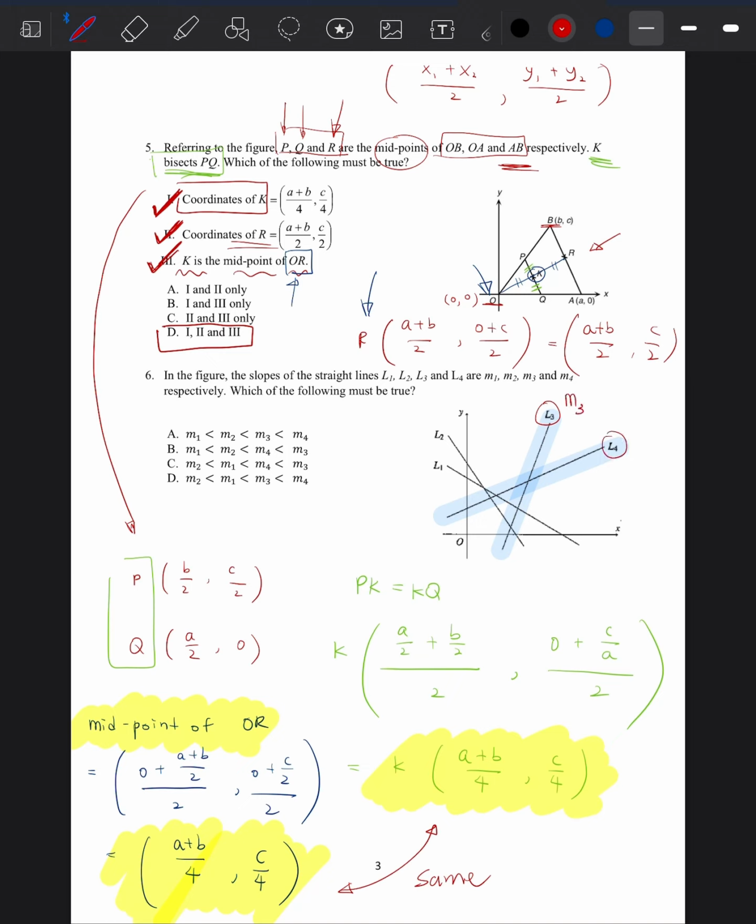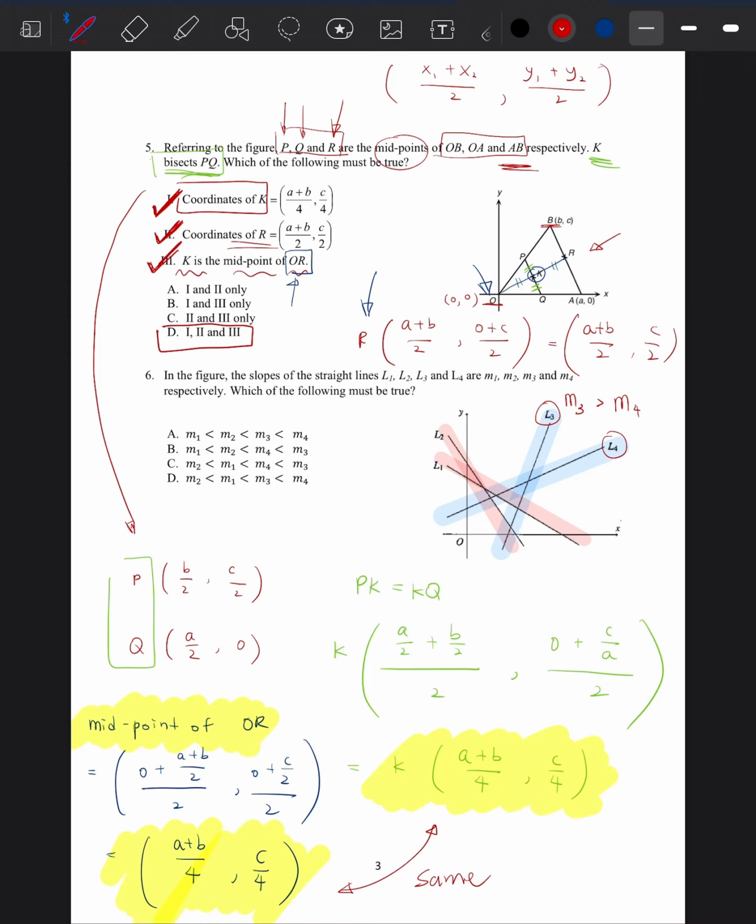So therefore, we can say the gradient of L3 is greater than the gradient of L4. Then we look at the negative gradients. So L2 and L1 in this direction, we know that they are negative gradients.